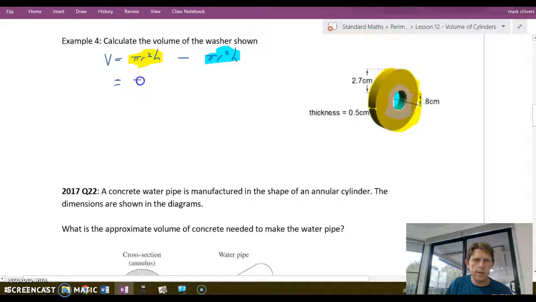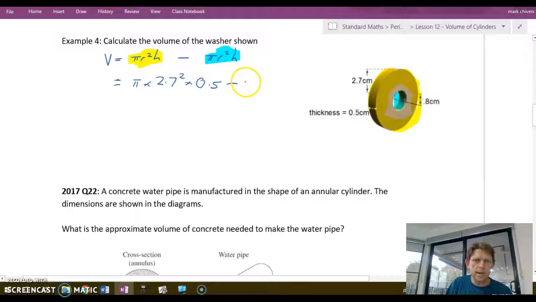So the first one is pi, and our radius of the large cylinder is given as 2.7 centimetres. So times by 2.7 squared, and then we multiply that by the height, or the thickness in this case, which is 0.5. Then we're going to take away from that the volume of that little cylinder that I've highlighted in blue, so the area that's been cut out.